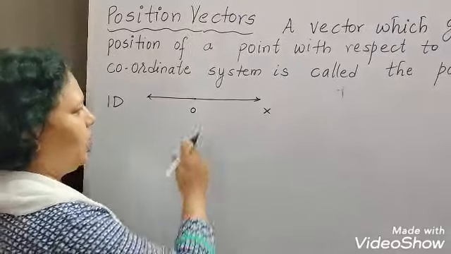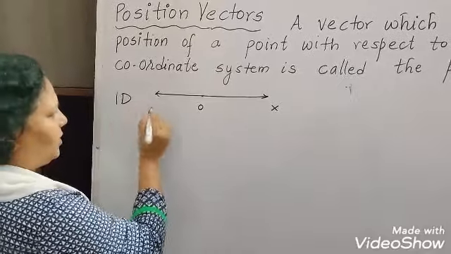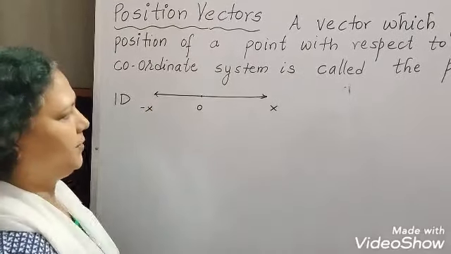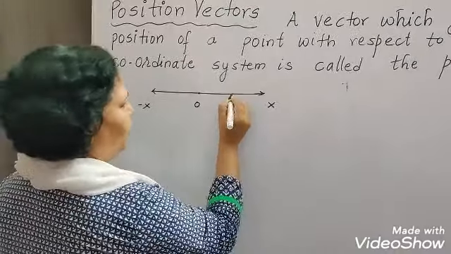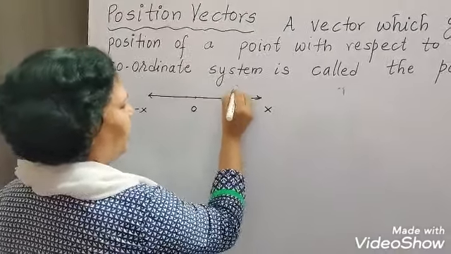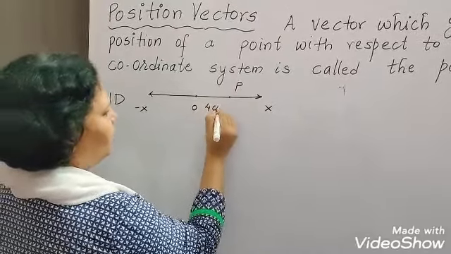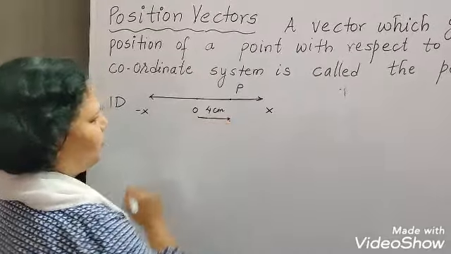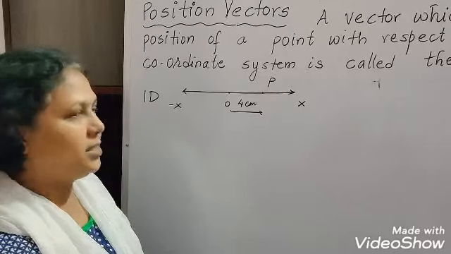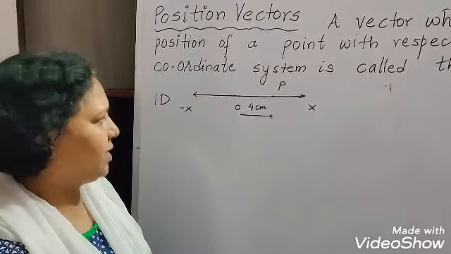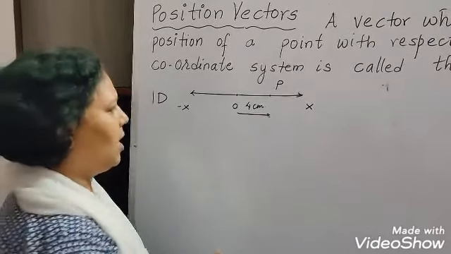This is the positive x-axis, the right hand side, and this is the negative x-axis. Suppose a point we are taking here, that is P, and it is 4 centimeter from the origin.